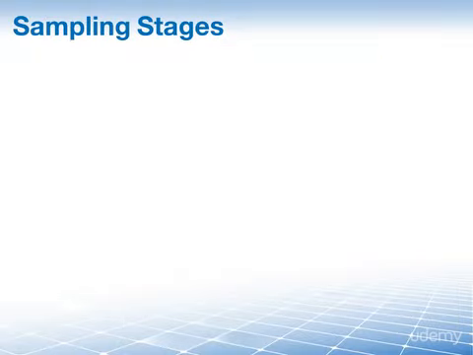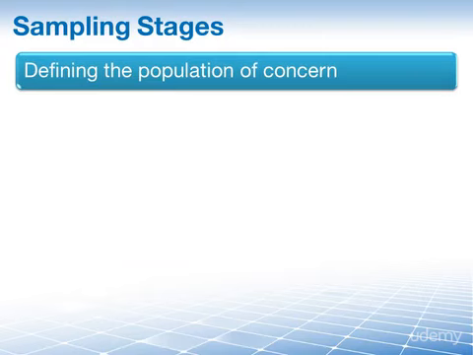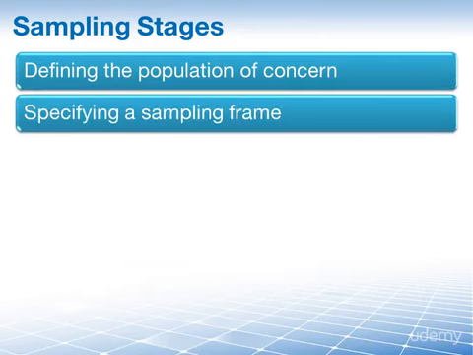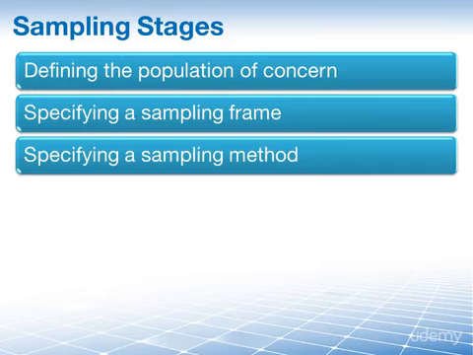The sampling process is made up of several stages. First, we define the population of concern. Then we specify a sampling frame, a set of items or events that are possible to measure. Then we specify a sampling method for selecting items or events from within our frame.